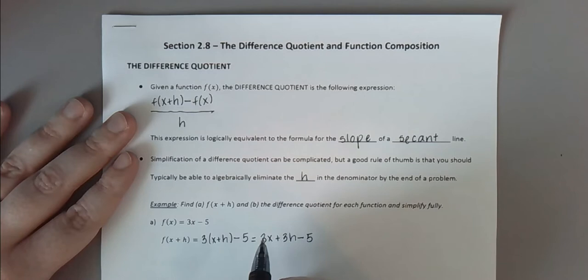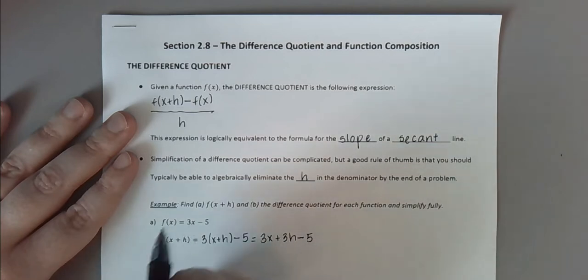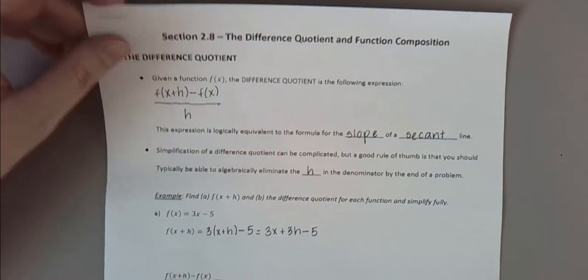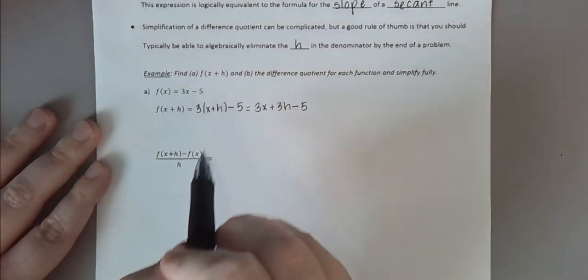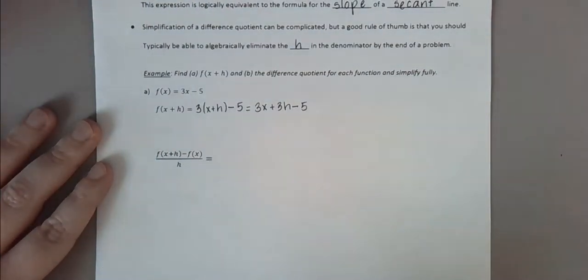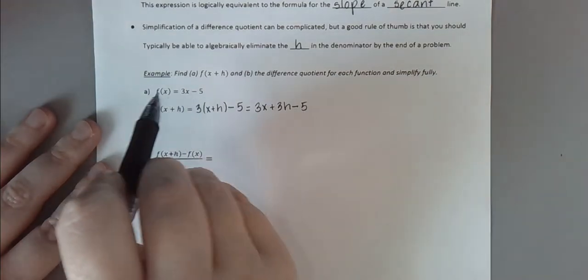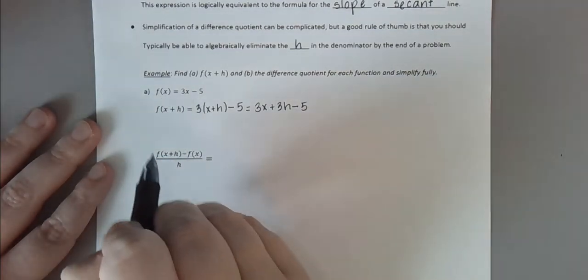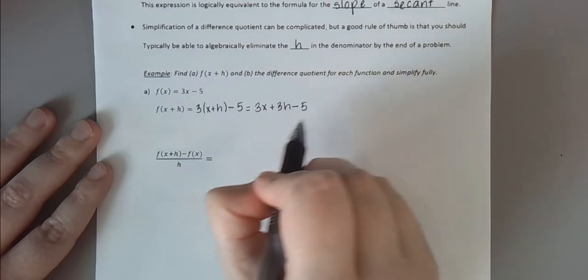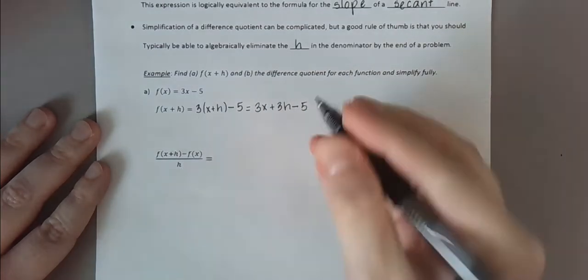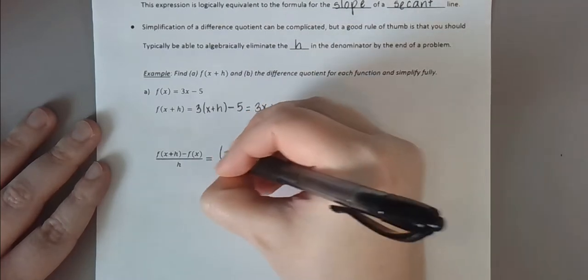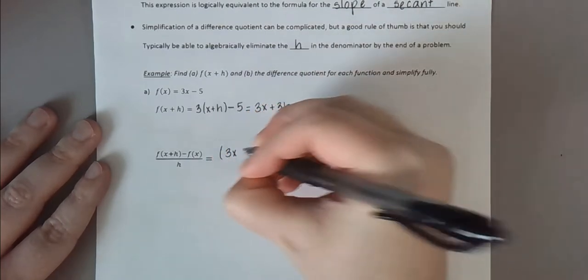Okay, now we want to take our expression for f of x plus h, and we want to put that into our expression for the difference quotient and find the full expression for the difference quotient based on this function f of x. So f of x plus h, we can substitute in this expression. Now as we substitute, make sure you put parentheses around everything that you're substituting into your expression.